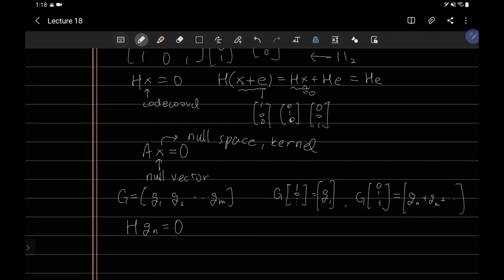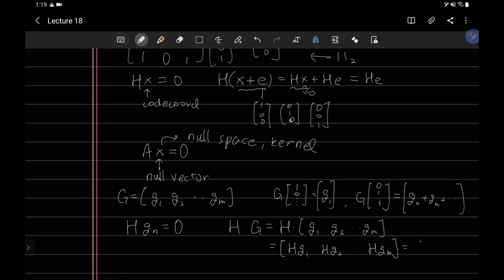And then what that means is that even if I multiply the entire matrix on the parity check matrix, because the generator is composed of many columns, the multiplication will apply to each of the columns individually, and we know that each resulting column will be all zero.